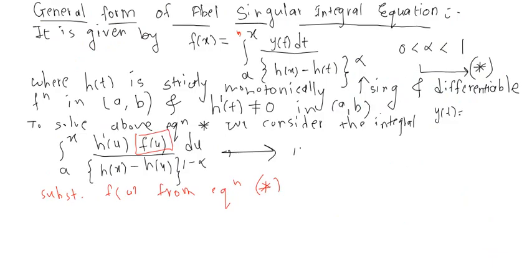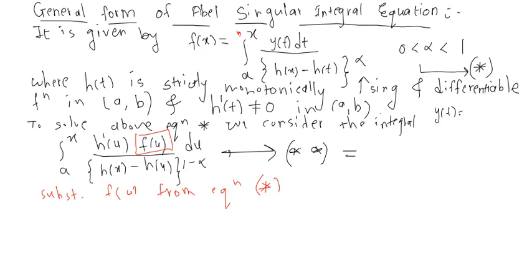This double star. Okay, we started with this double star, we took it to be equal to the integral, that same thing, but f of u is equal to star. So we had substituted f of u in this equation.